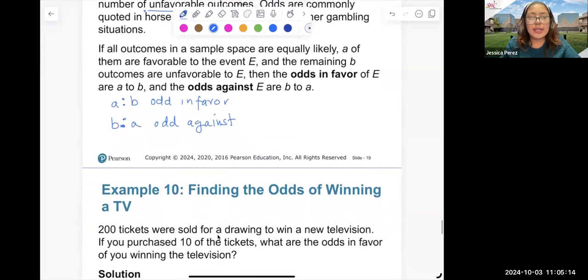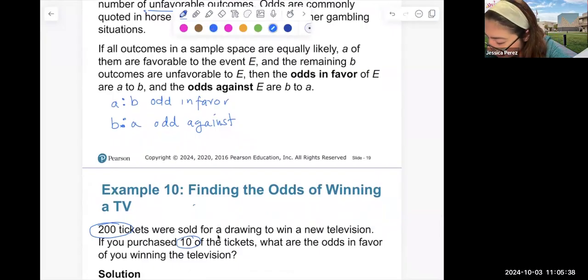Let's look at an example of finding odds of winning. 200 tickets were sold in a drawing to win a new television. If you purchase 10 tickets, what are the odds in favor of you winning? Well, there are 200 total and you bought 10. For the odds against, you do 200 minus 10, which is 190.